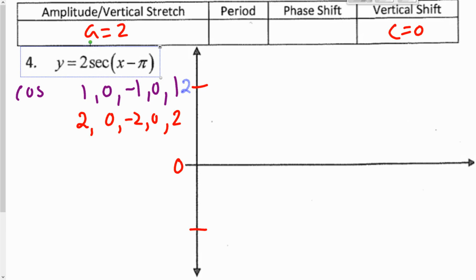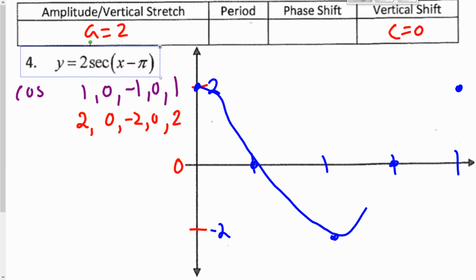Let's put it on the inside so you don't get confused, people that are just looking at it and not watching the video. We have our intervals. Okay, so we go 2, we go 0, we go negative 2, back to 0, back to 2. We can draw our graph. A little curvy.